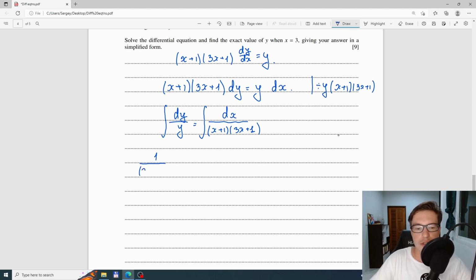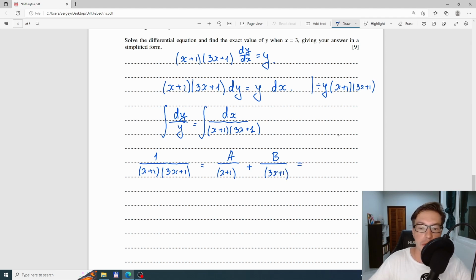So it's going to be 1 over x plus 1, and then 3x plus 1. In the denominator, we have two linear factors. So that means this fraction can be split into a over x plus 1 plus b over 3x plus 1.